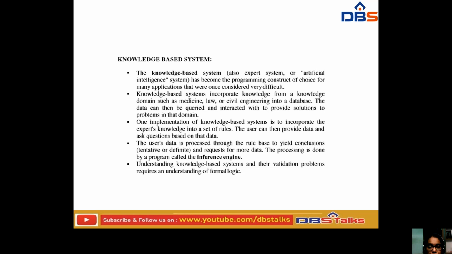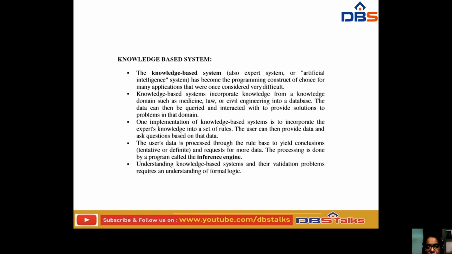So we can say a knowledge based system is an expert system or an artificial intelligence system, and has become the programming construct of choice for many applications that were once considered very difficult. Knowledge based systems incorporate knowledge from a knowledge domain such as medicine, law or civil engineering into a database, such that the data can be queried and interacted with to provide solutions to problems in that domain.